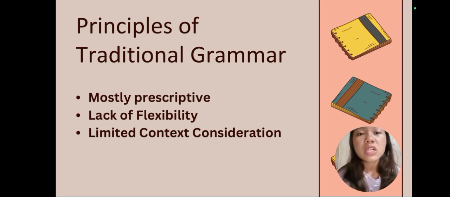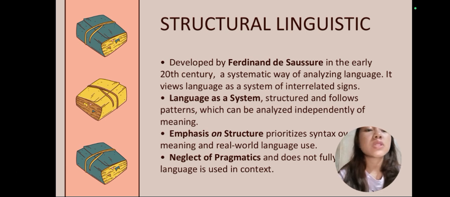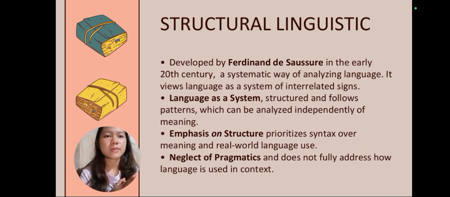So let's move on to structural linguistics. Developed by Ferdinand de Saussure in the early 20th century, it is a systematic way of analyzing language. It views language as a system of interrelated signs, a system that is structured and follows patterns which can be analyzed independently of meaning.